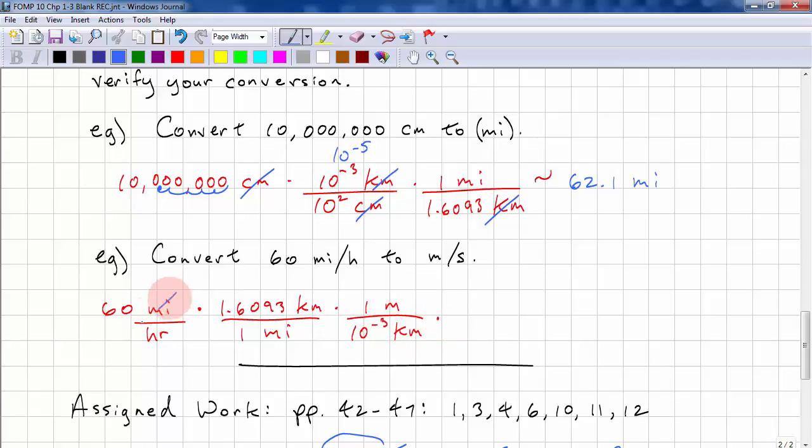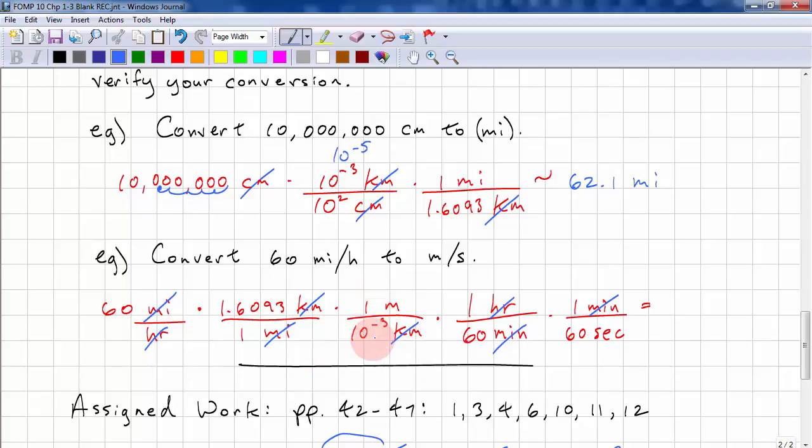We can do this as we go. So we've taken care of meters, we need to take care of hours. In 1 hour, we have 60 minutes. And in 1 minute, we have 60 seconds. Okay, let's cancel again. The hours cancel out, the minutes cancel out. Now we have meters per second.